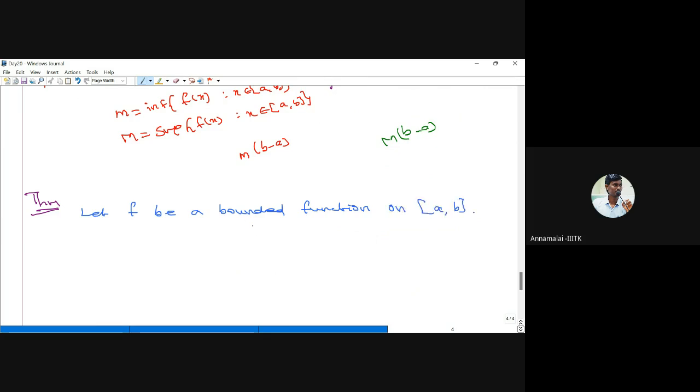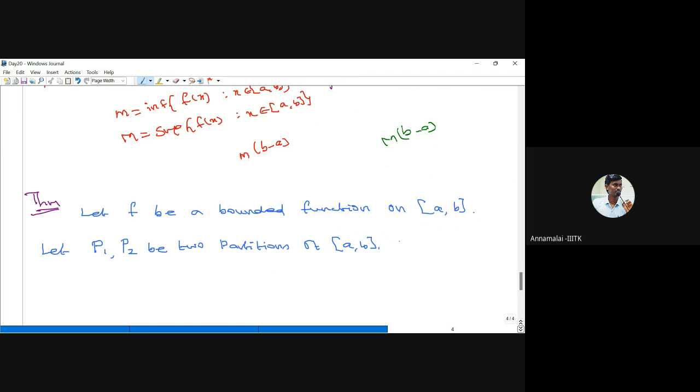Suppose we have two partitions. Let capital P1, P2 be two partitions of the interval a comma b.